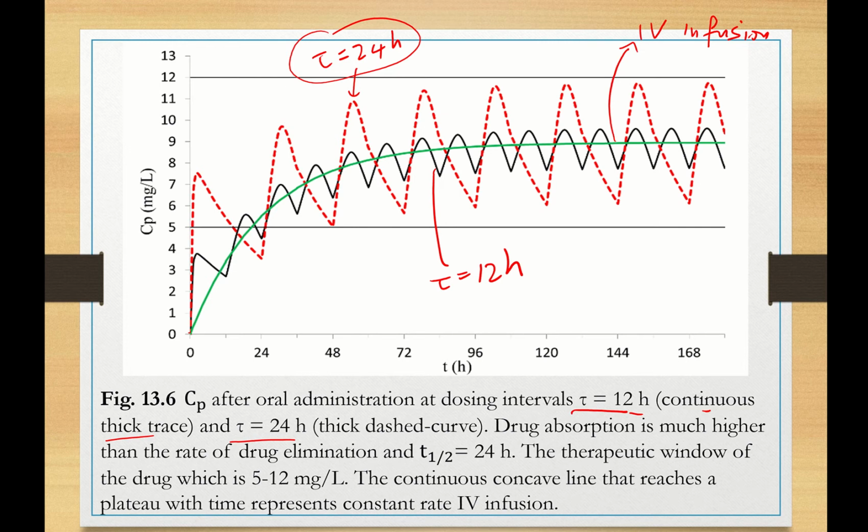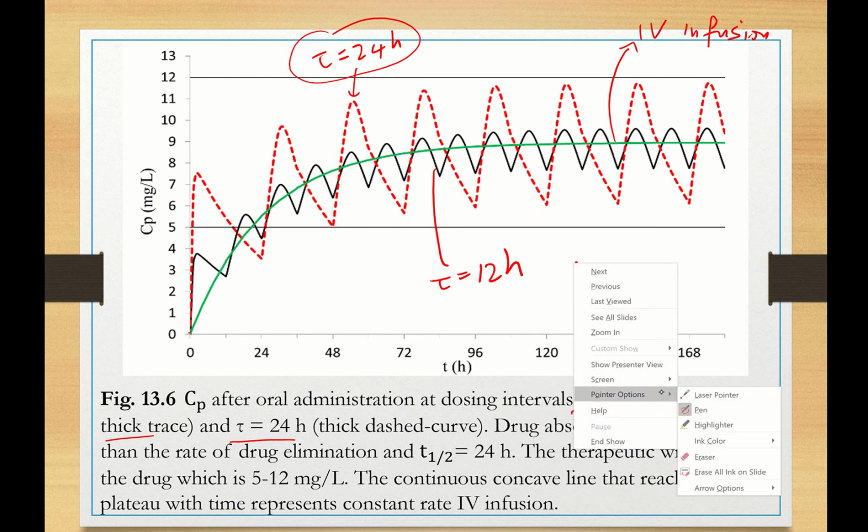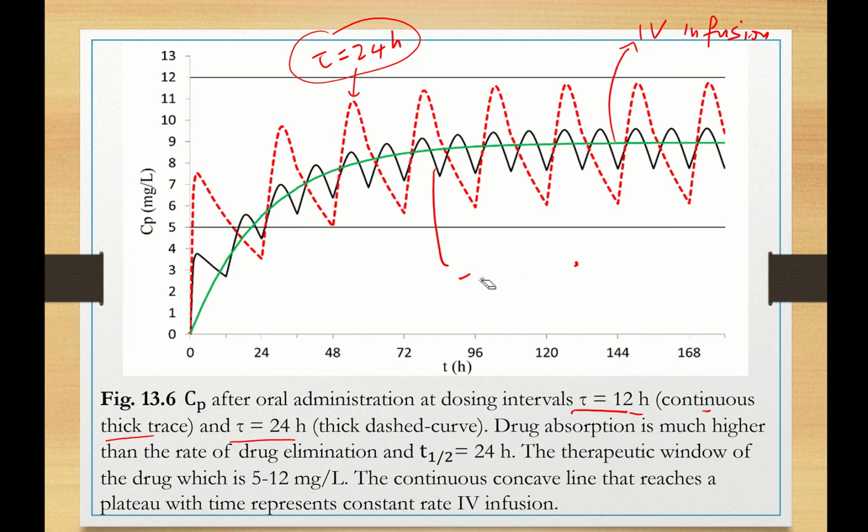Now, this is so important for us. You need to make sure that when you carry out dosage calculations, the fluctuation does not exceed the minimum toxic concentration, and it doesn't go below the minimum effective concentration.